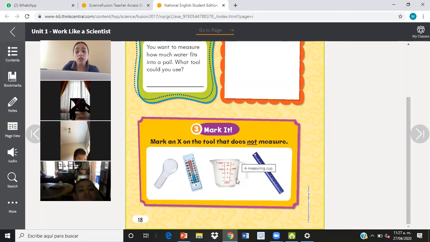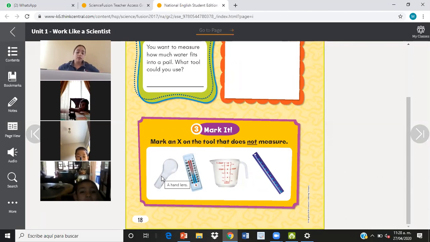Can a measuring cup measure stuff? Yes, it measures liquid. A thermometer measures what? Temperature. But the hand lens, does it measure something? No.